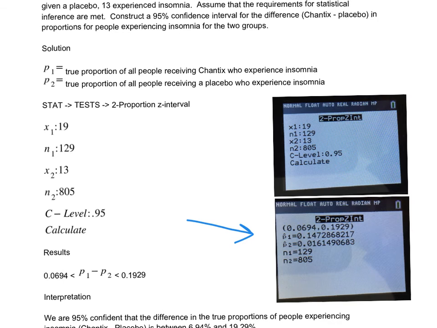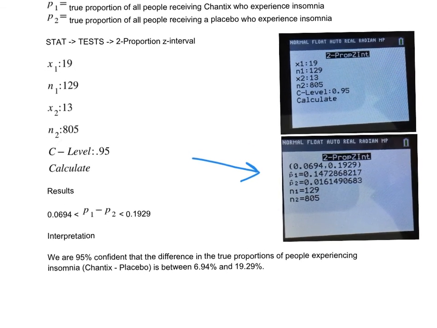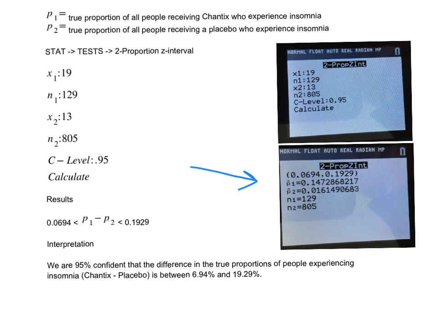And the interpretation of that is as follows. We're 95% confident that the difference in the true proportions of people experiencing insomnia, when we subtract the Chantix population from the placebo population, is between 6.94% and 19.29%.